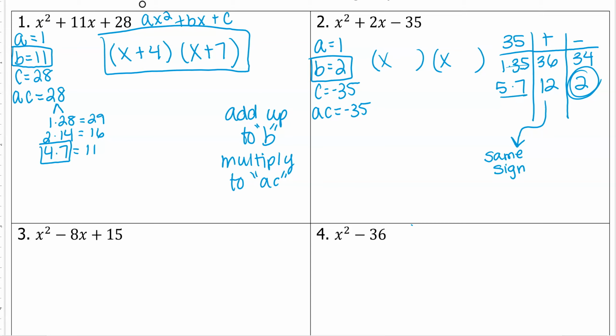When I say these two, I'm talking about these numbers right here because these are my two numbers. Same as I found the two numbers on number 1 were 4 and 7. The two numbers here are 5 and 7, but I just have to figure out how to manipulate the sign. Because this one fell in the negative column, what's going to happen is they're going to have two different signs.